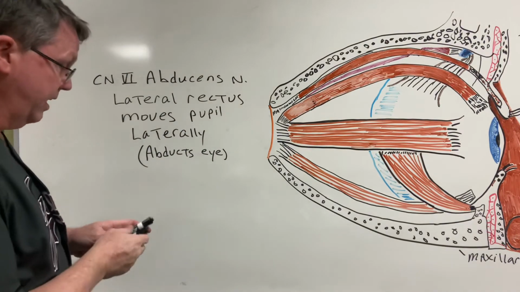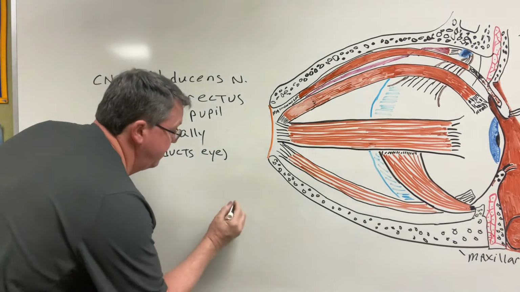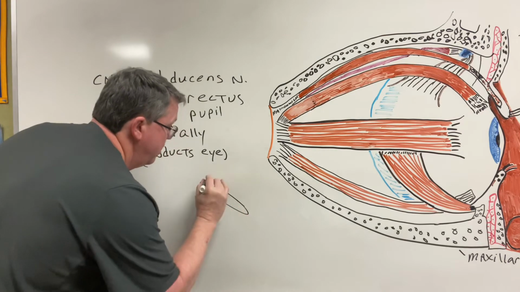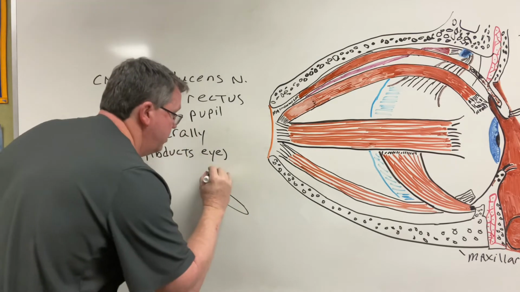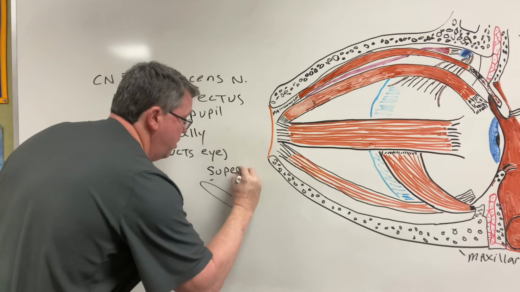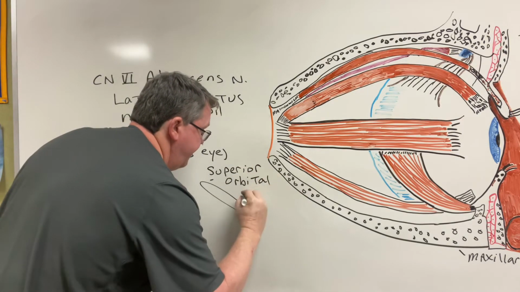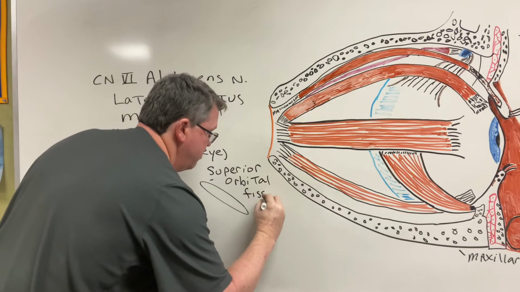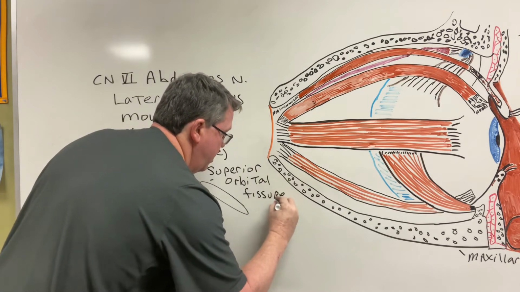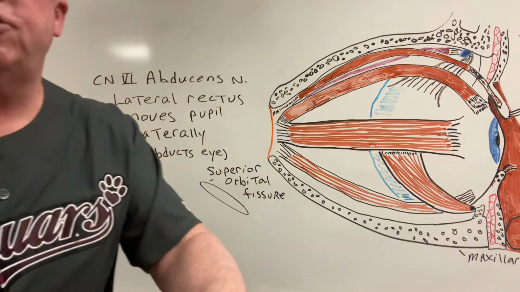And if I were to go like this and say this is my superior orbital fissure. All right, so that's going to be this part that's right here.